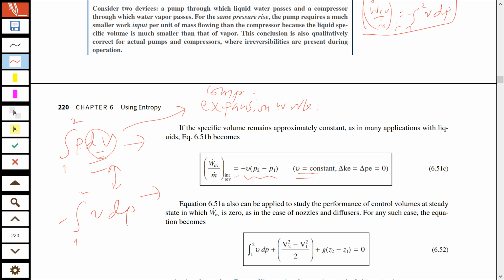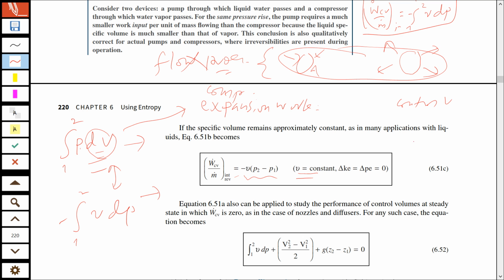Whether it's expansion or compression work, you imagine a system which is expanding or compressing. None of these are classified as flow processes. Flow process is used for control volumes.